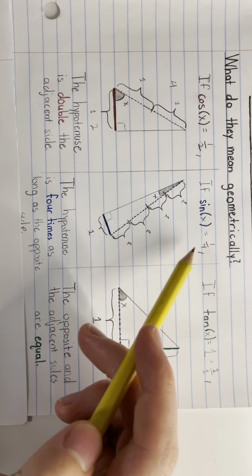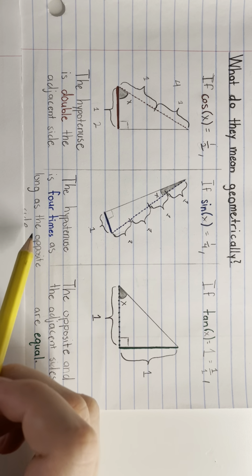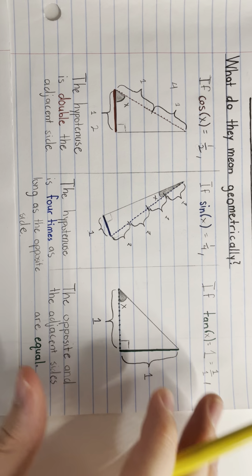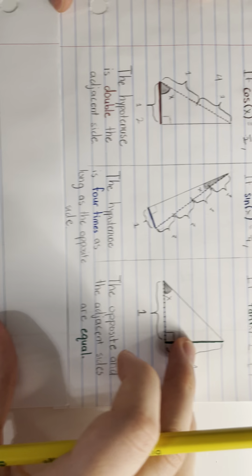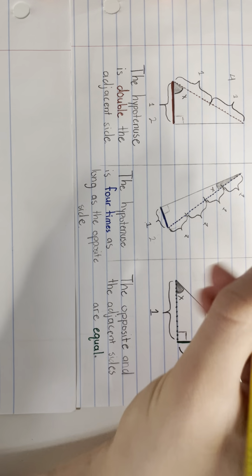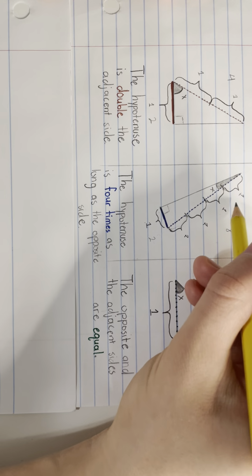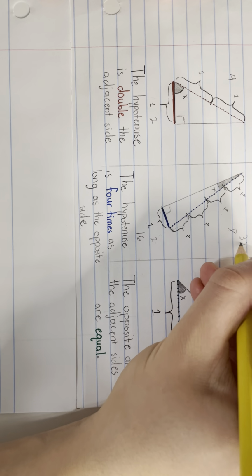If sine of x is equal to 1/4, that means that the hypotenuse is 4 times as long as the opposite side. And that's because sine is equal to opposite over hypotenuse. And again, if this side was 2 instead of 1, then this side would be 8. If this was 16, then this side would be 32.